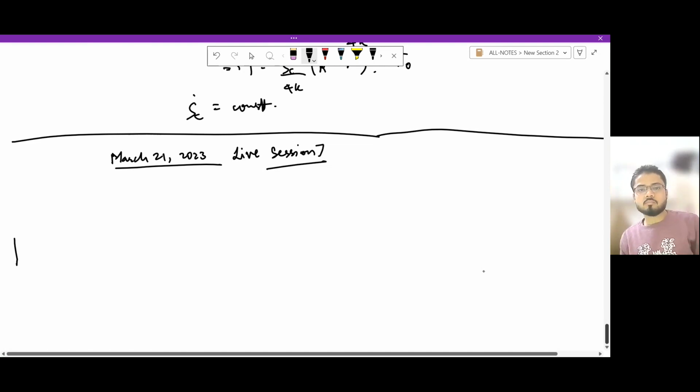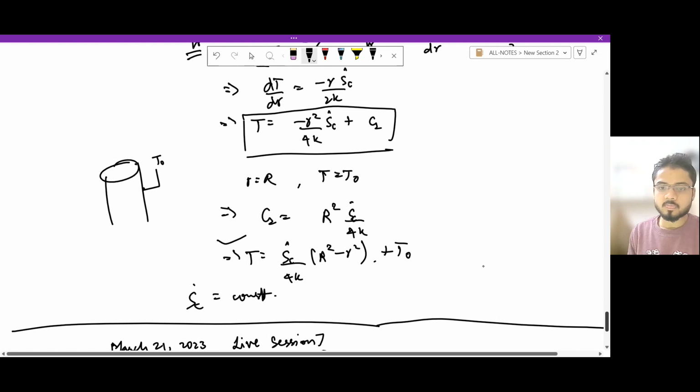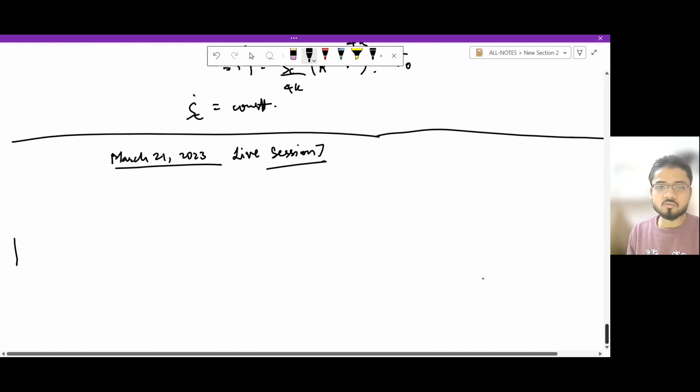That is how we modeled that wire as an object with a constant heat source, and then we obtained the temperature distribution within the wire. So today what we'll be doing is a slightly more advanced solution of this problem.